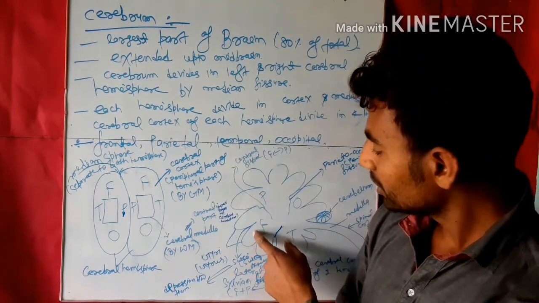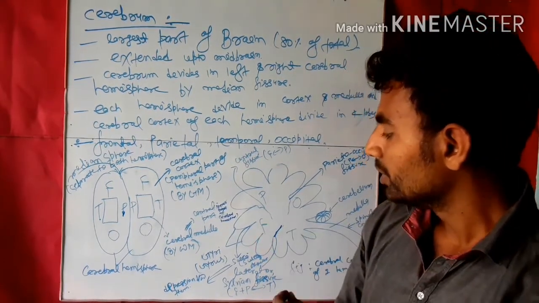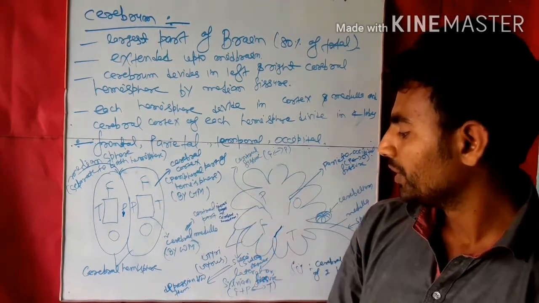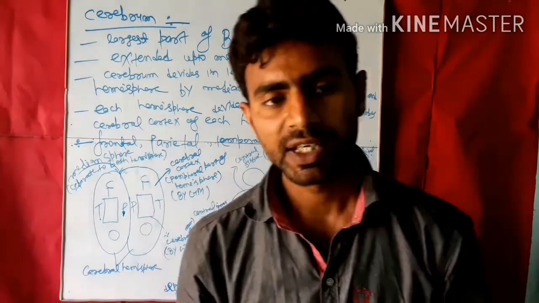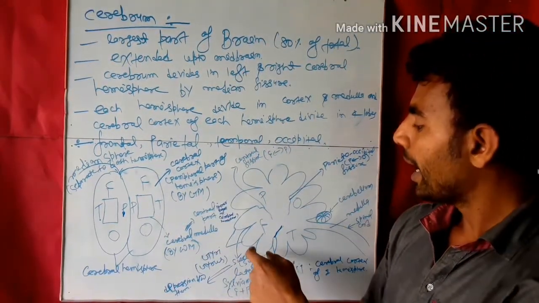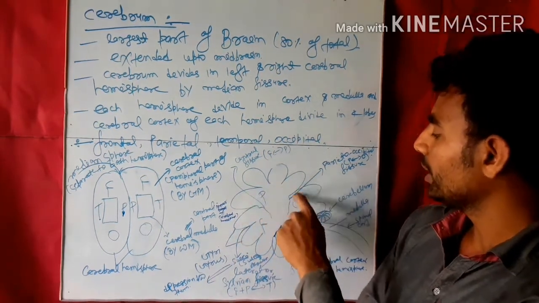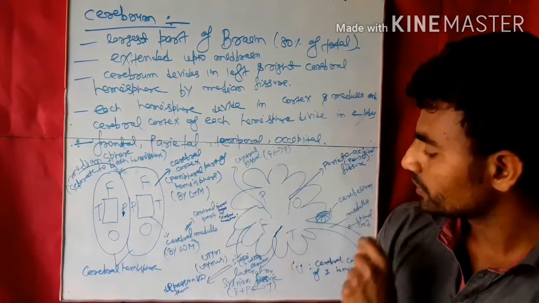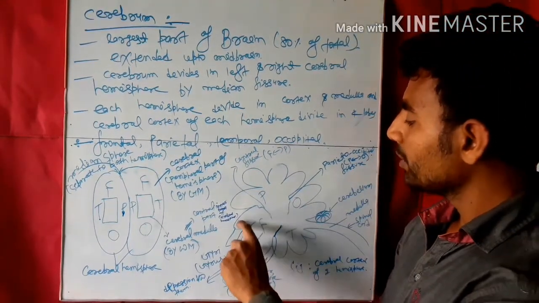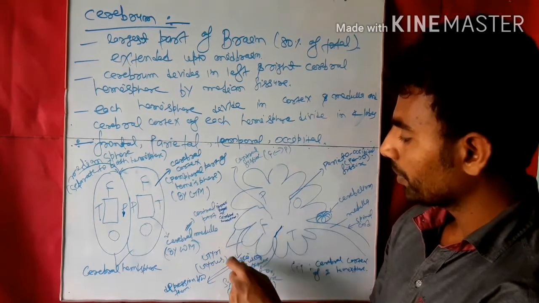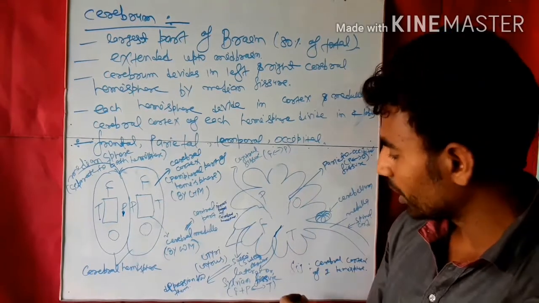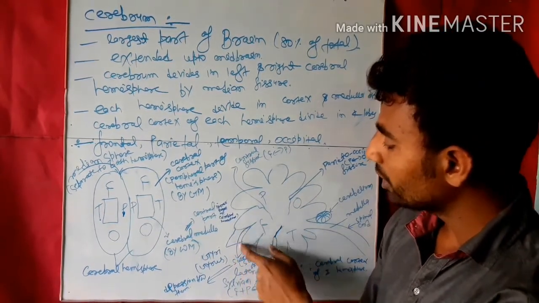This depressed part which you see is called the sulci. Sulci is the plural term, and the singular is sulcus. The upward part, the nipple-like part which you see, is called the gyri.